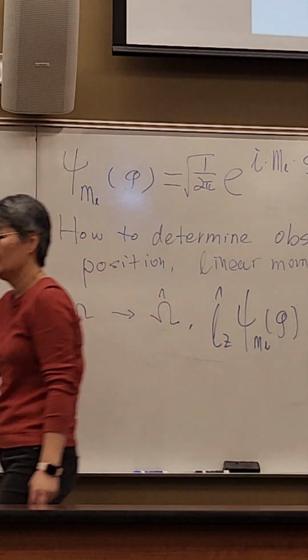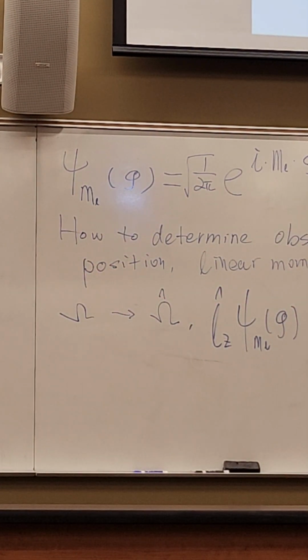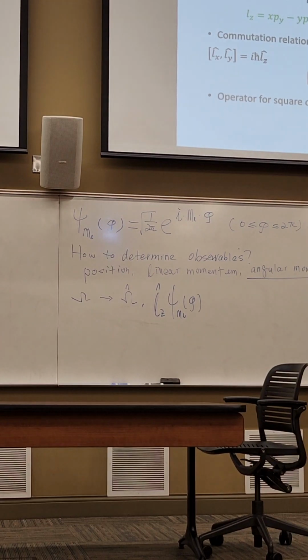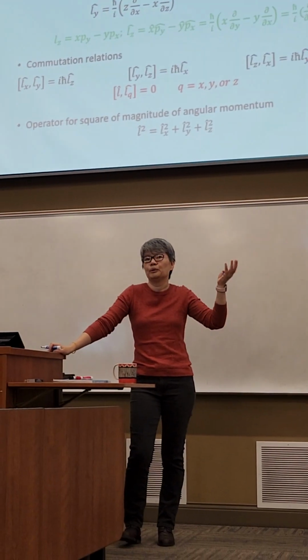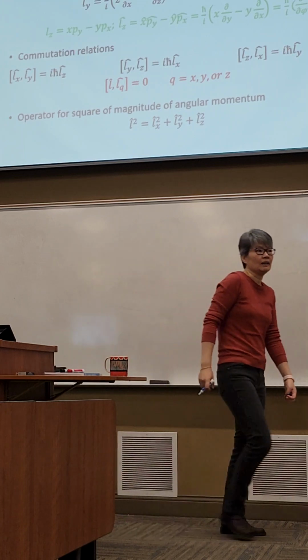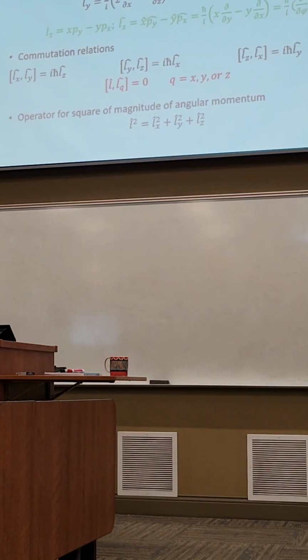If that returns to you a real constant multiplied by your original wave function, then that real constant is the predicted observable value. Okay, now let's see if the wave function is an eigenfunction for your angular momentum operator.